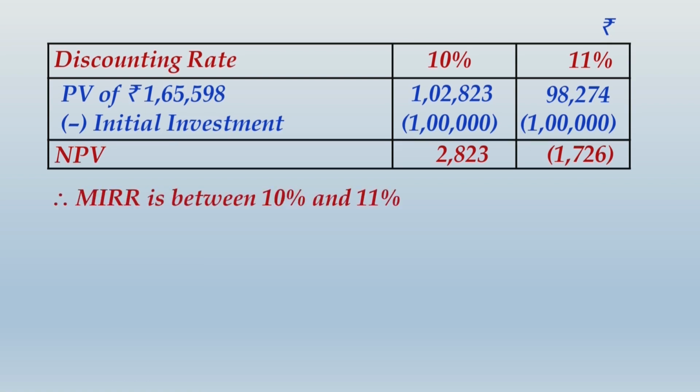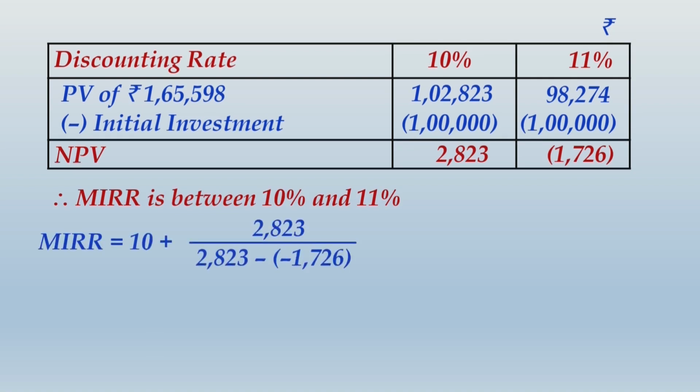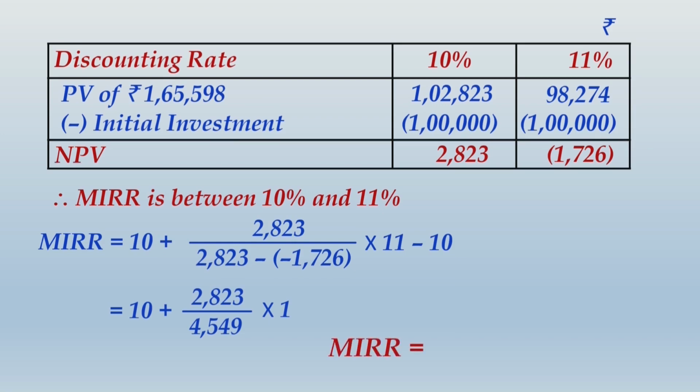That indicates that MIRR must be between 10% and 11%. So now interpolating 10 and 11%, what we get as the final value of modified IRR in this case as 10.62% approx. This modified IRR is also a solution for the problem arising in situations of multiple IRR.